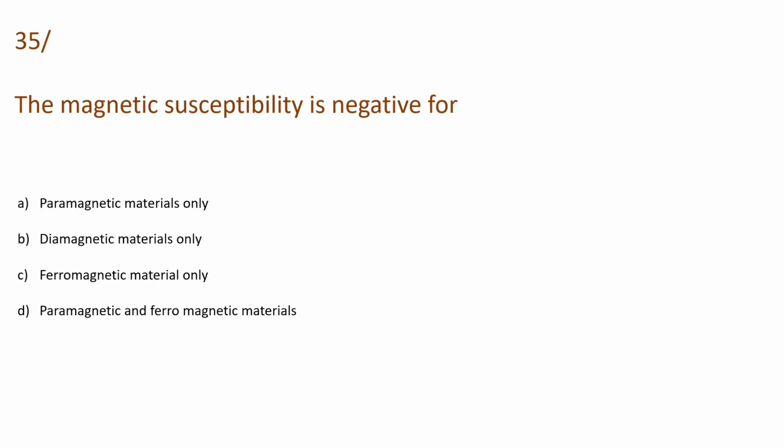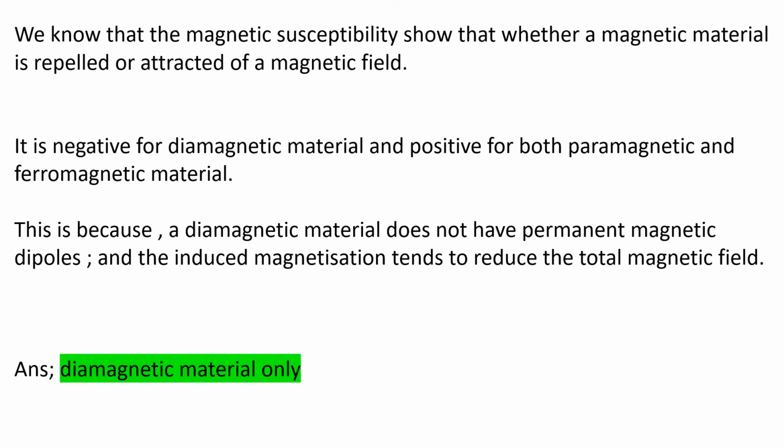Then here is our next question. The magnetic susceptibility is negative for, and the options are paramagnetic materials only, diamagnetic materials only, ferromagnetic materials only, and paramagnetic and ferromagnetic materials. We know that the magnetic susceptibility shows whether a magnetic material is repelled or attracted by a magnetic field.